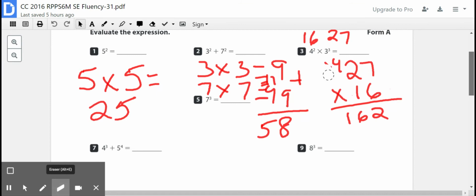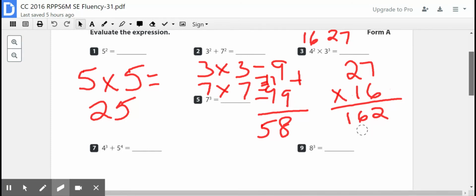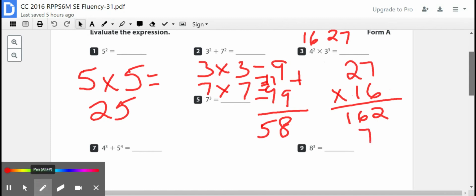I'm going to erase our plus 4 so that we don't get confused. And then we need to do 1 times 7, which will be 7. And then I need to do 1 times 2, and that will be 2.